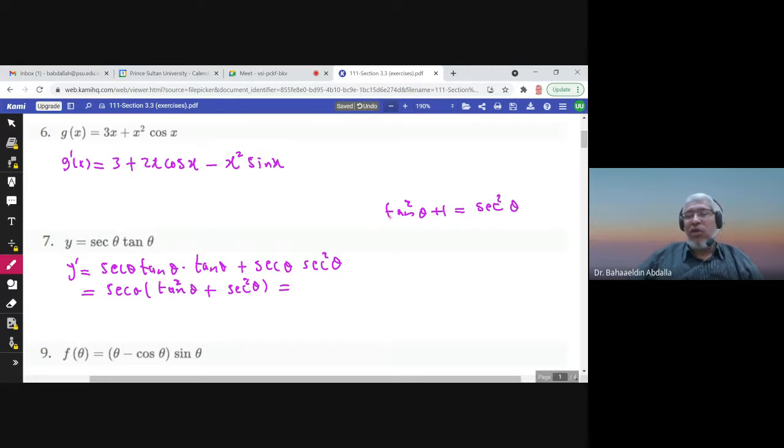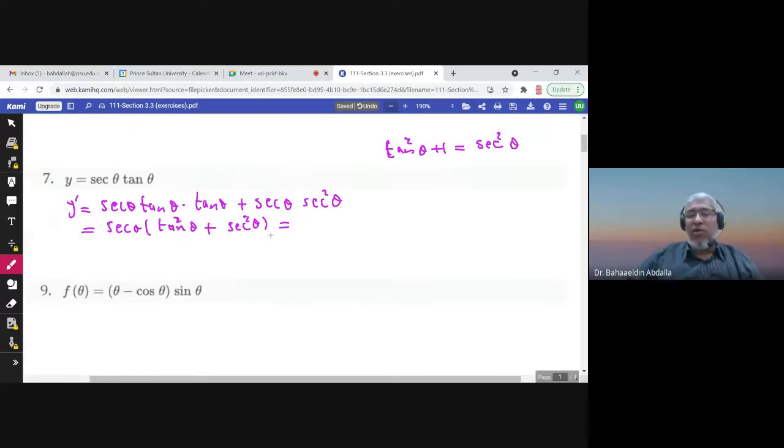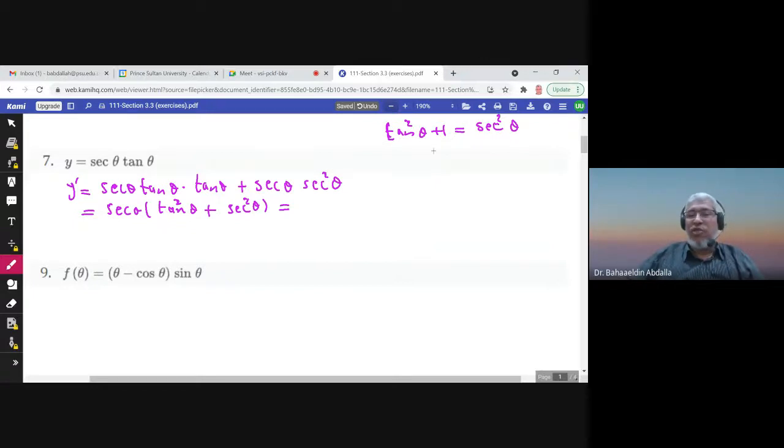Please also, in the previous video, there are a lot of identities between the trigonometric functions. You need to know them before finding the derivatives and simplifying trigonometric functions. So tan square minus secant square is -1, so the answer would be negative secant theta.